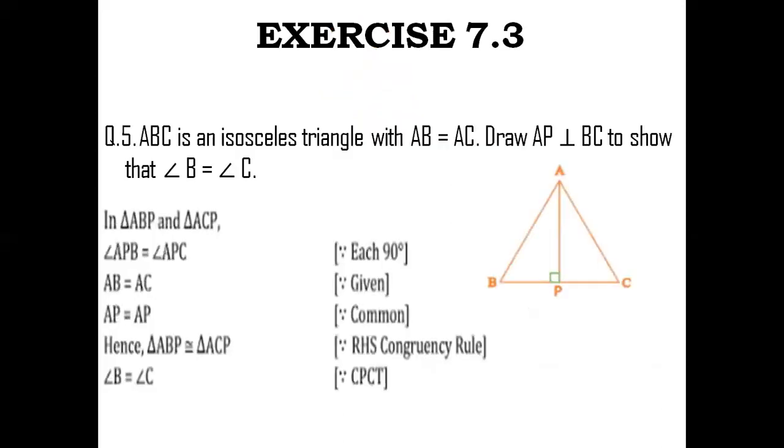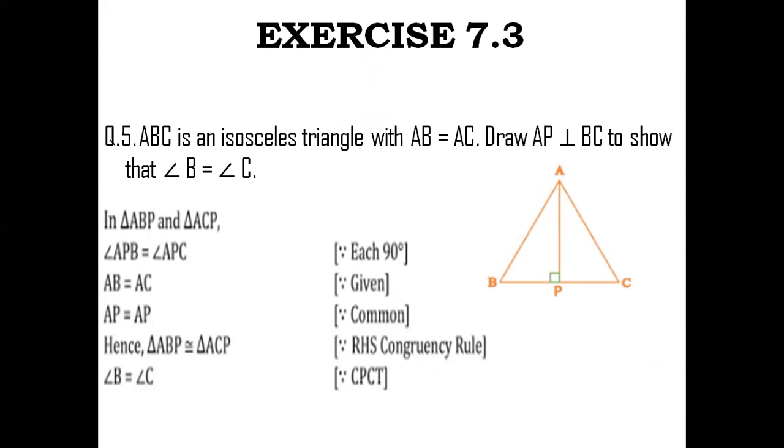Question number 5. Here it has been given that ABC is an isosceles triangle with AB equal to AC. So ABC is an isosceles triangle wherein side AB is equal to AC.